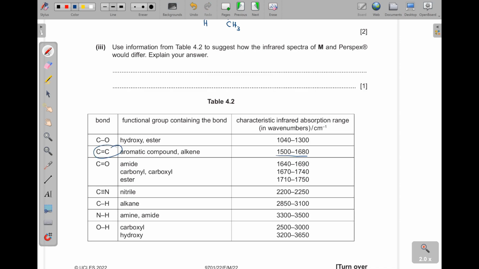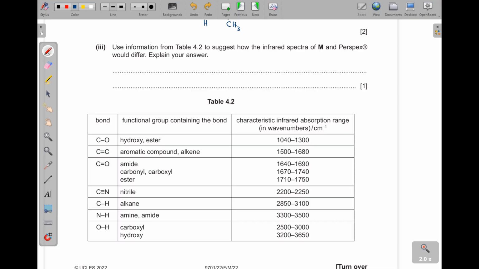1500 to 1680. Okay, so since there is no double bond in perspex, that means that perspex would not have absorption in this range, but it would be there for M. As simple as that.